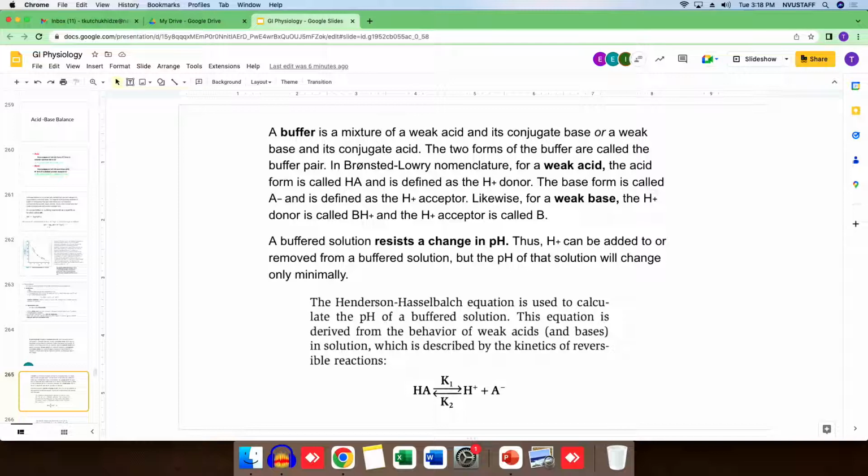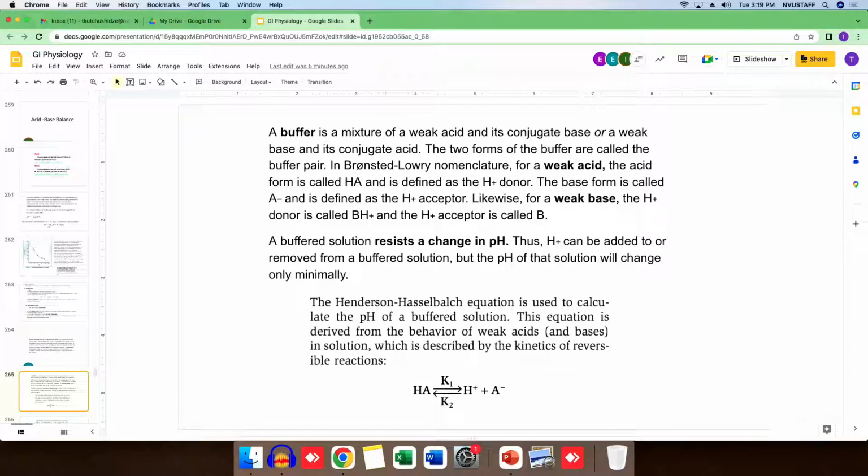Buffers are elements or molecules that are a mixture of weak acids with their conjugate bases, or weak bases with their conjugate acids. They are paired together and they control the range of the pH. So we have weak acids, for example, by nomenclature.